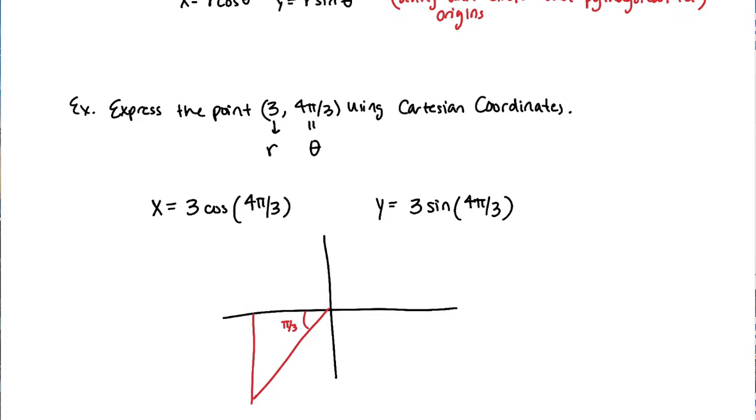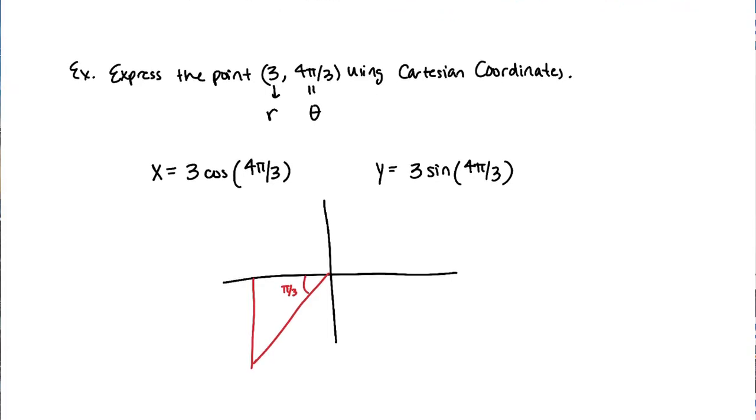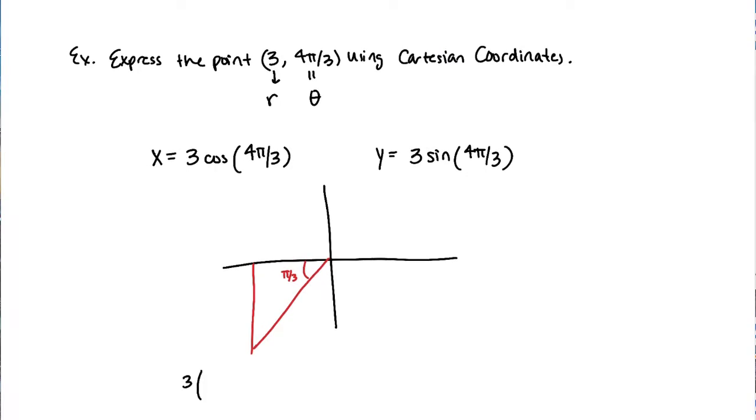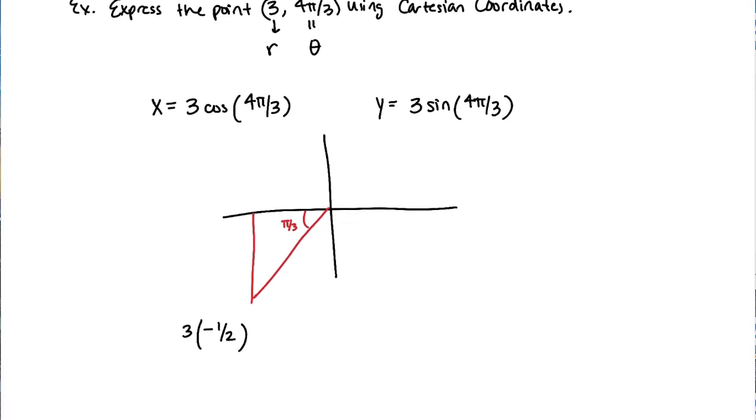So we would have 3, cosine should be negative here, so it'll be 3 times, and the smaller one is the x-coordinate because it's a 60-degree. So 3 times negative a half, and the y value will be 3 times negative root 3 over 2.